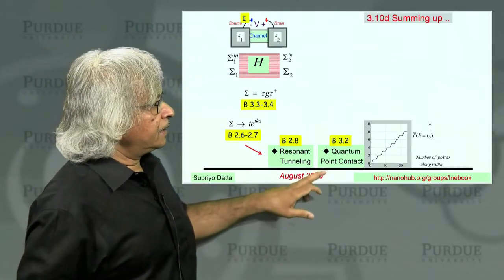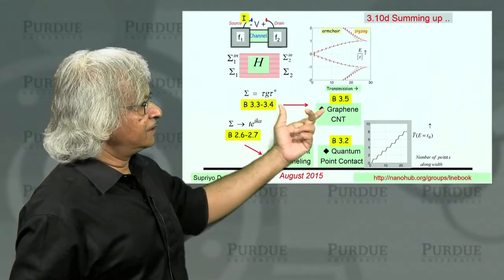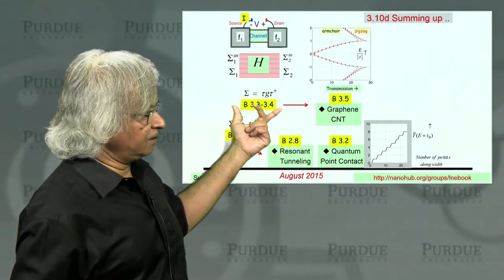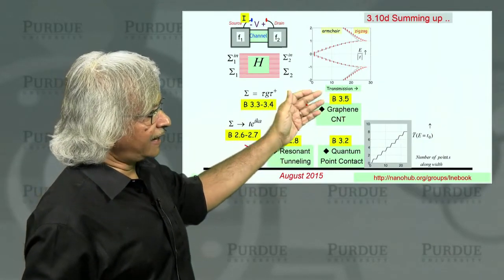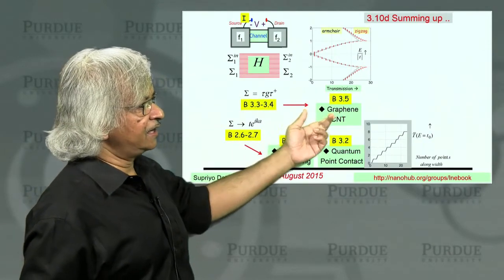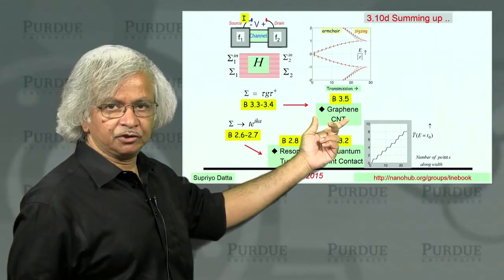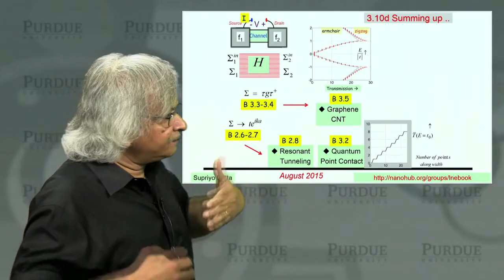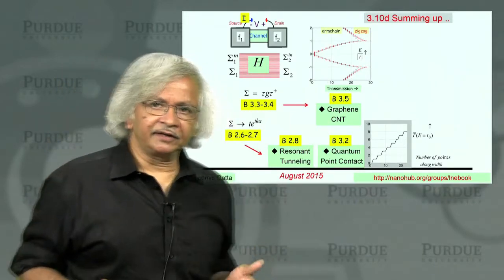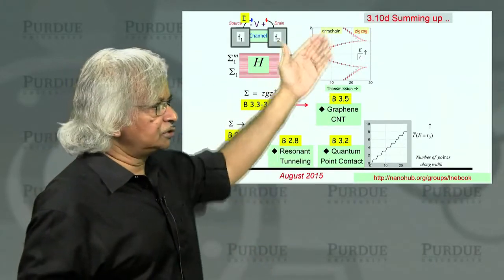Now, next we talked about this general method for getting the sigma, and as an example of that, we said we could analyze ballistic conductors in graphene or in carbon nanotubes. So I guess this result is for graphene. And again, if you have set up the method correctly, these should come out automatically.